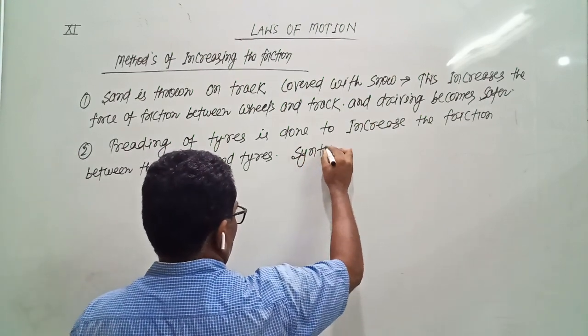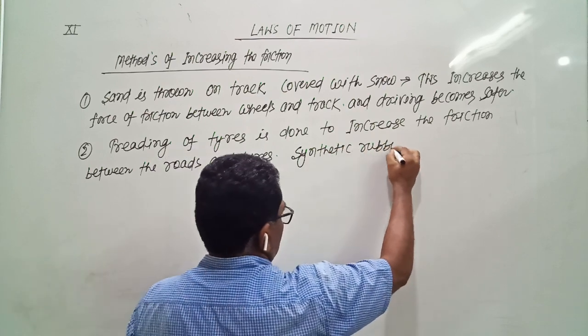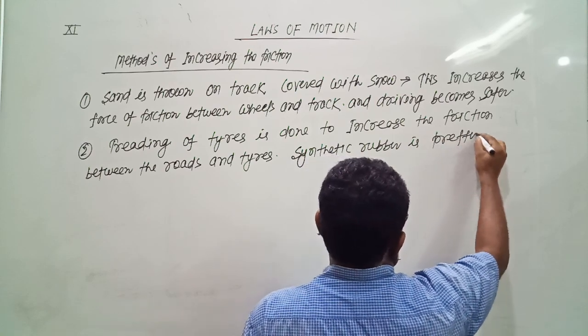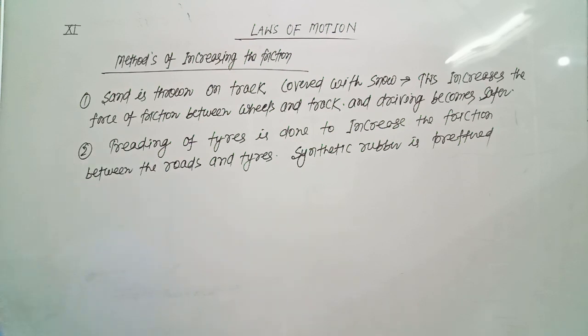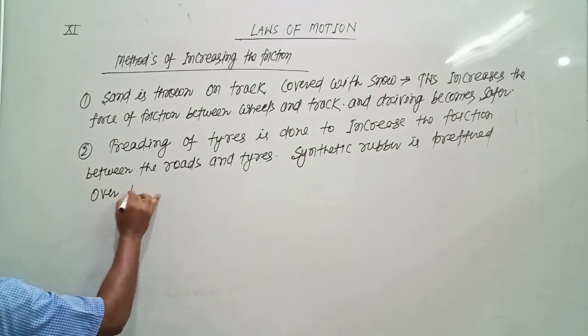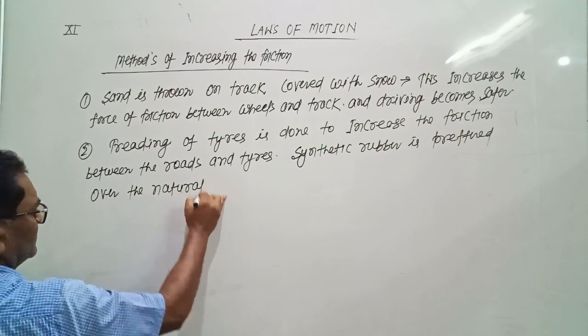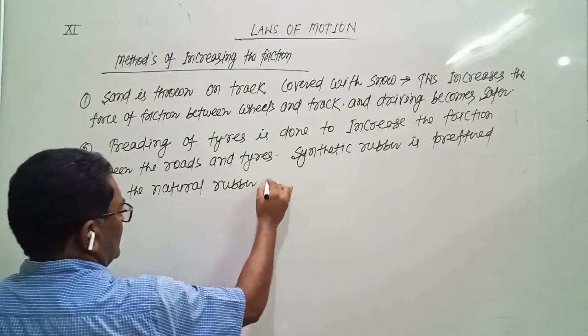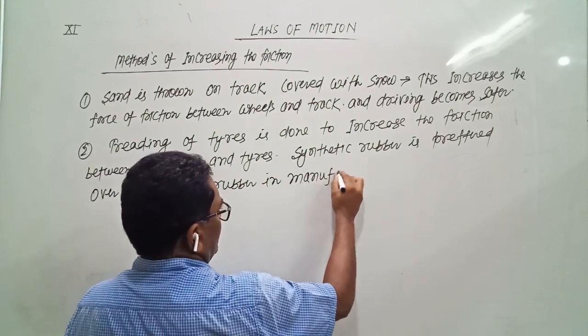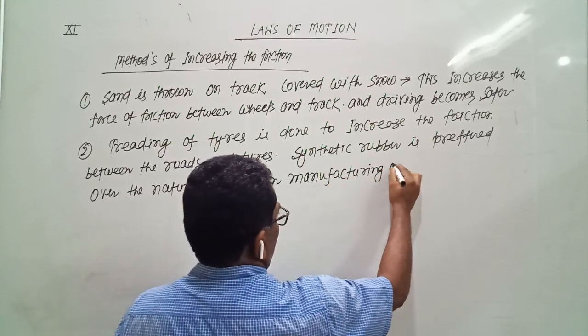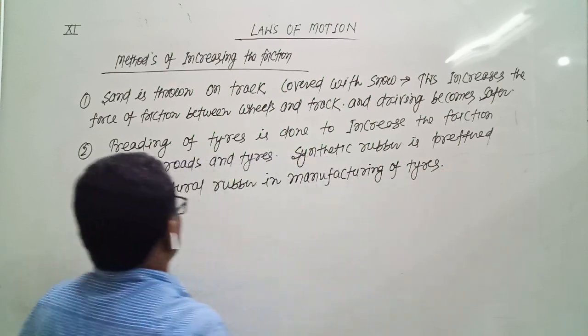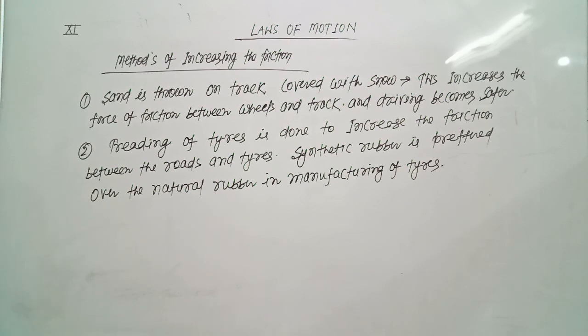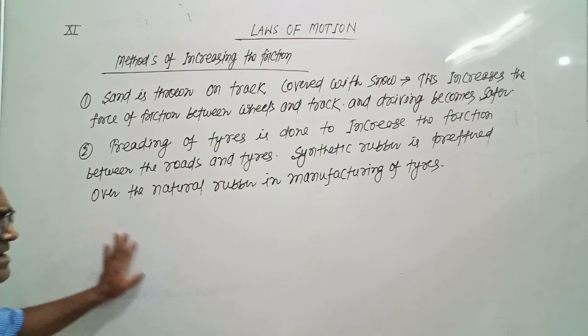Synthetic rubber is preferred over the natural rubber in manufacturing of tires, because the synthetic rubber increases the force of friction, and the coefficient of friction of synthetic rubber is high.